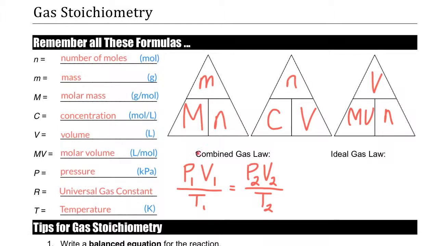And we had the combined gas law, which was P1V1 over T1 equals P2V2 over T2. We also had the ideal gas law, which was PV equals nRT. So we have all these different formulas that we can use in our stoichiometry calculations.